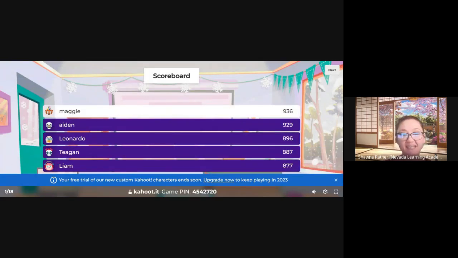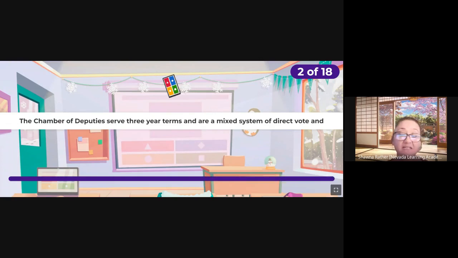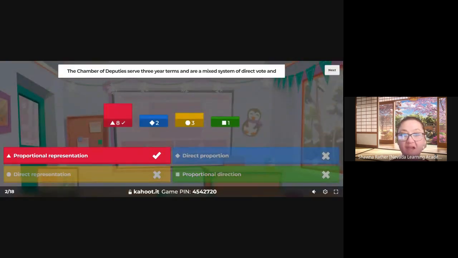All right, let's see where we're at. Maggie's in the lead. Aiden's right behind her. Chamber of Deputies serve 3-year terms and our mixed system of direct vote and proportional representation.